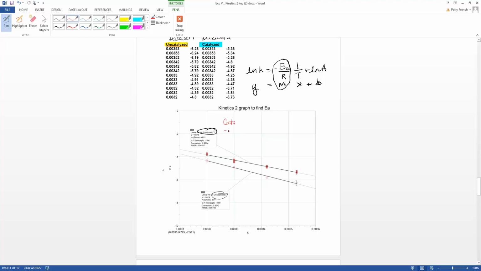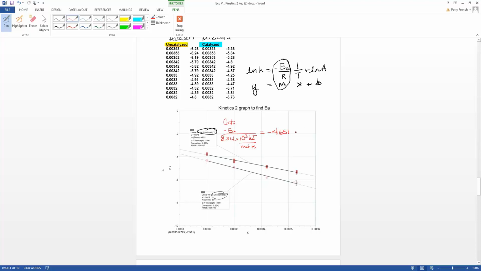I have negative EA over 8.314 times 10 to the minus 3rd kilojoules per mole K equals, let's see, negative 4651.